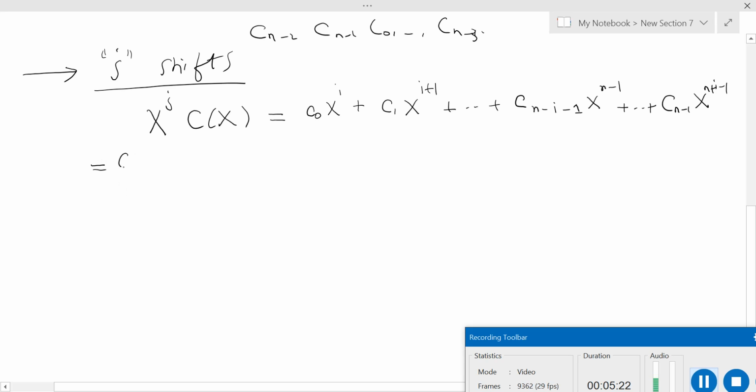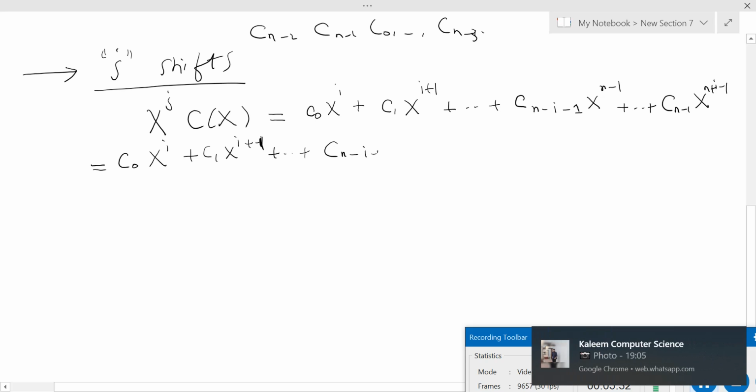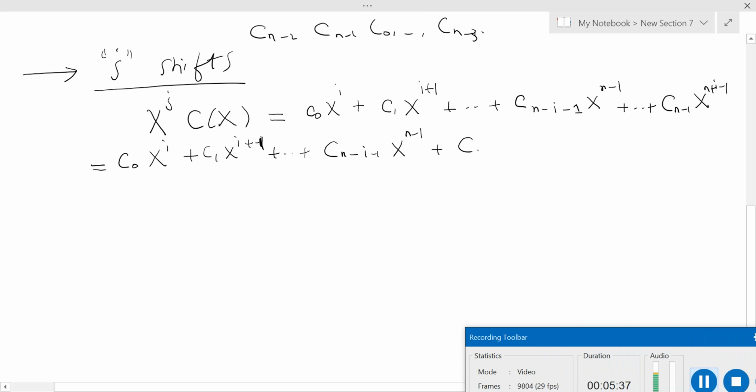So let's write it again. c0 x to the power i plus c1 x to the power i plus 1, then we have c of n minus i minus 1 x to the power n minus 1. What will be the next term? c of n minus i x to the power n plus c of n minus i plus 1 x to the power n plus 1, and so on, then c of n minus 1 x to the power n plus i minus 1.